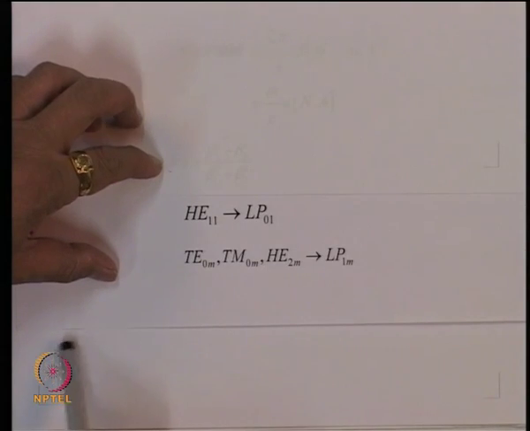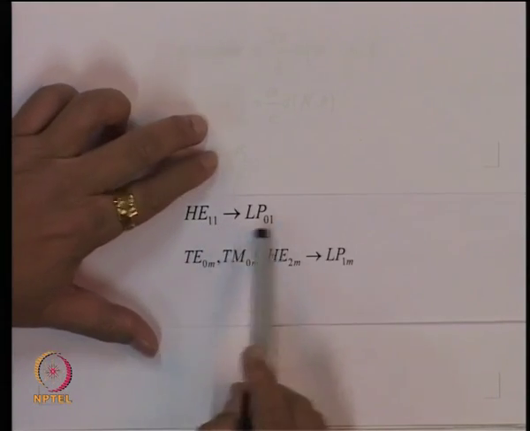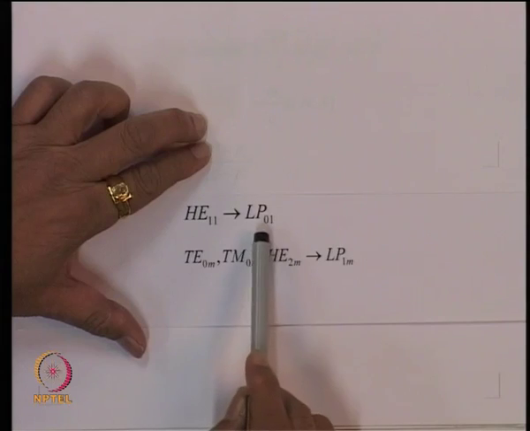So, in general, we can have a combination of different modes which can generate the linearly polarized modes. If I take the HE11 mode, the HE11 mode will become the linearly polarized 0,1 mode.